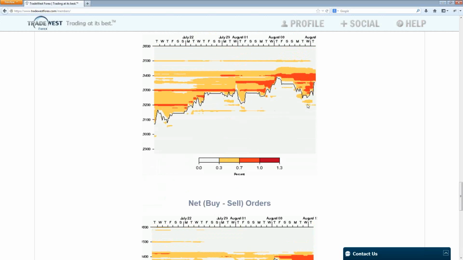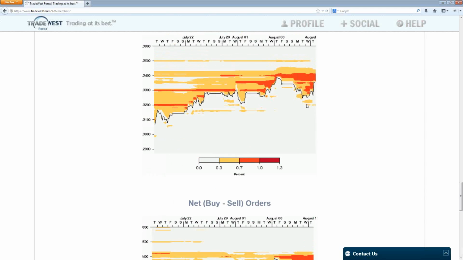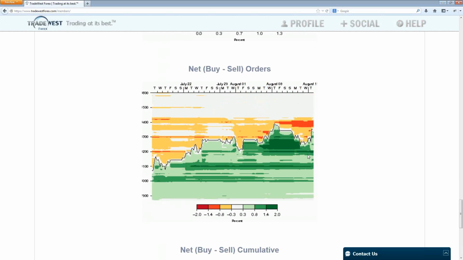These stop orders are orders to sell just below the price. If you come down here, the significant orders to buy are actually slightly lower than that. If you were going to put a stop in, you wouldn't want to be like the rest of the crowd here. You would want to be below these dark areas. If you're down here, you're going to survive these potential false stop outs.